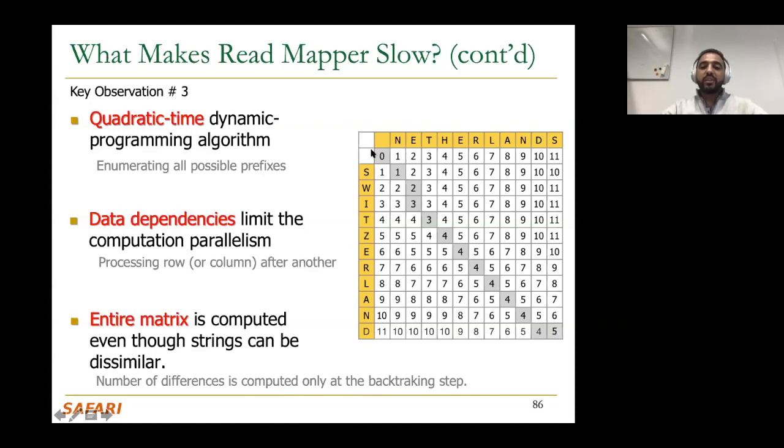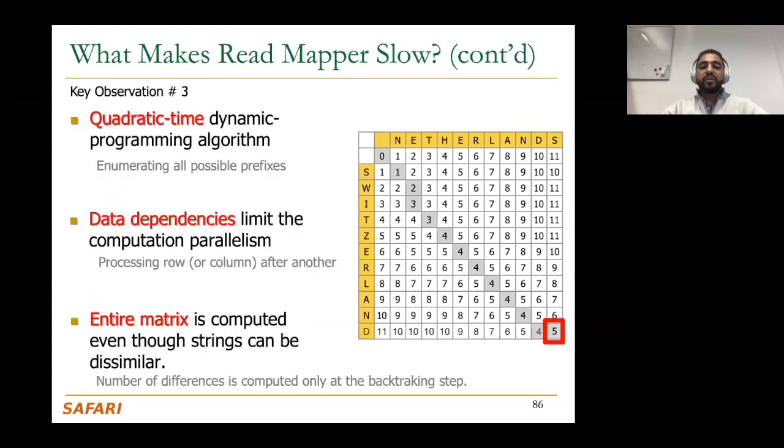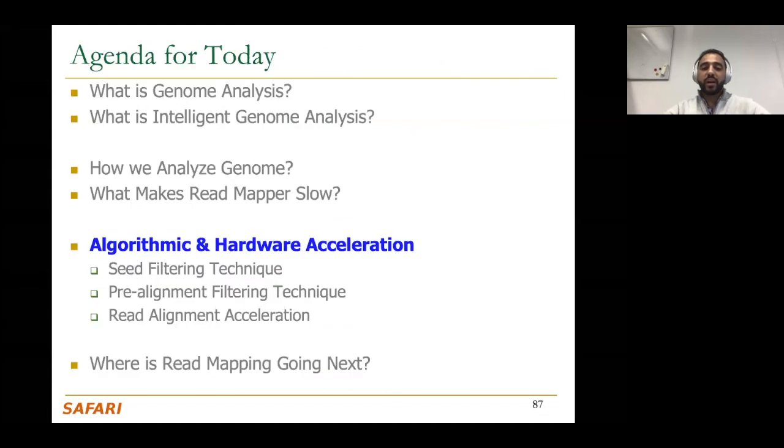So we really need to compute a large portion of this table to decide whether these 2 strings are similar or not. So imagine that you are already computing all of this for dissimilar sequences. What will happen? We are wasting a lot of computation in this read mapping process.